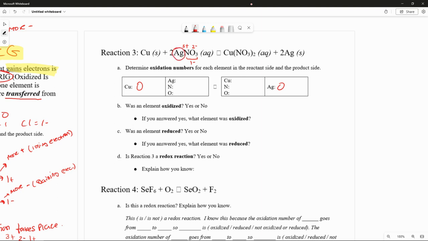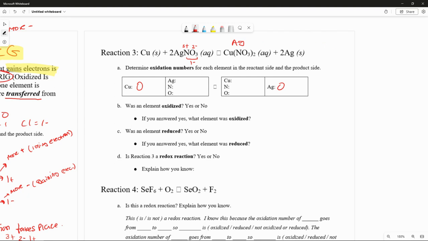So Ag and NO3 have to add up to the zero charge that this whole compound holds. Ag plus the -1 from NO3 equals 0. Then we add 1 to both sides, and now we know that Ag has to equal 1 plus.